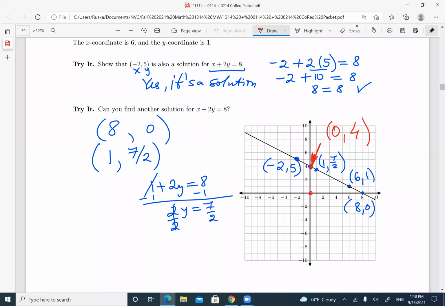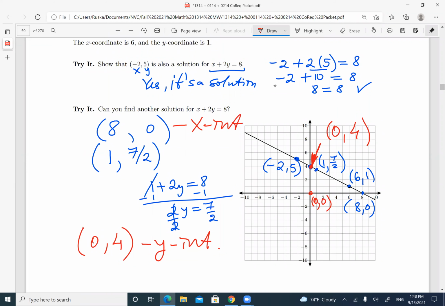The origin is (0, 0), and this is (0, 4), another point. Any questions? Yes, (0, 4) is called the y-intercept. And this one here, (8, 0), is called the x-intercept.